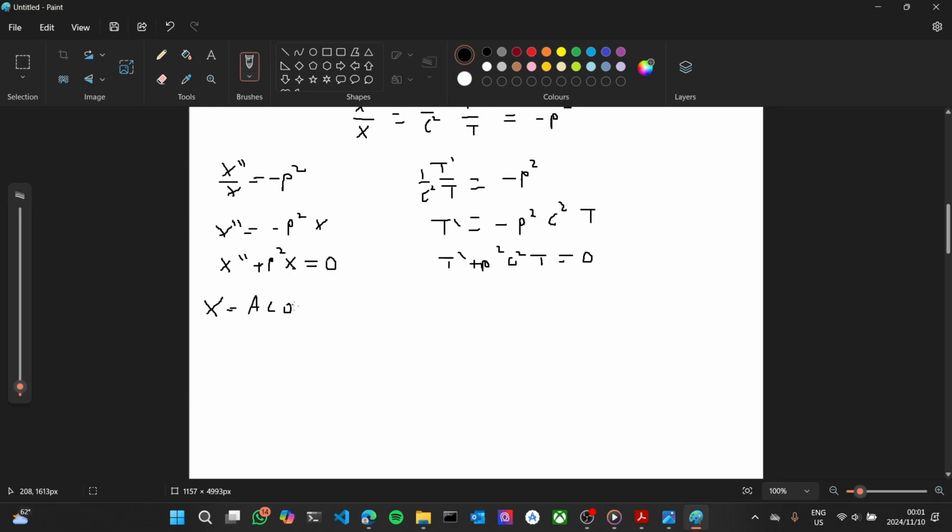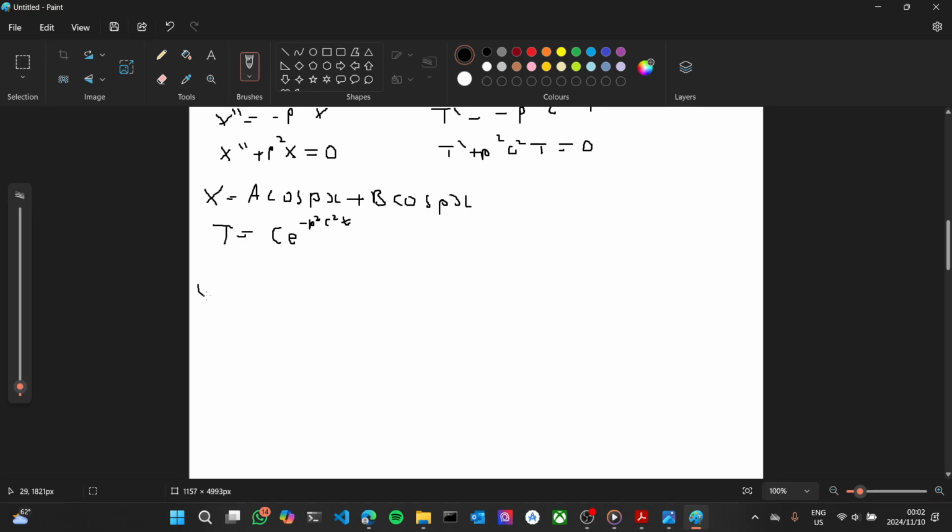X will be A cosine p x plus B sine p x, and then T will take the form C times e to the negative p squared c squared t.